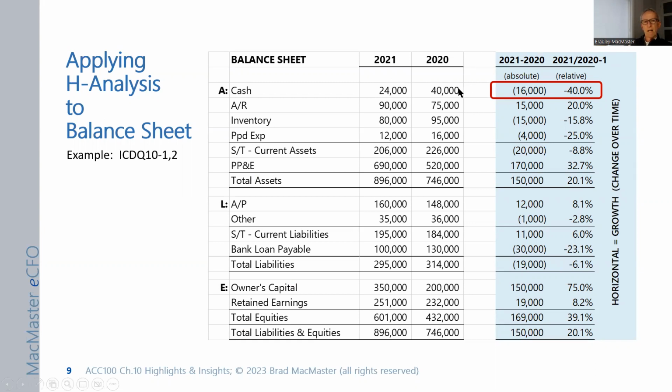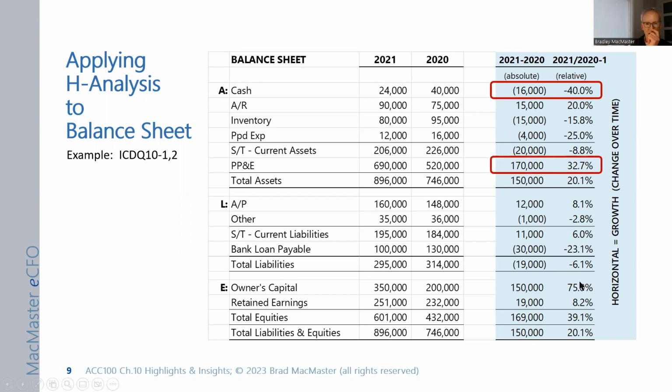This is our cash balance now, and the reason I'm highlighting this number is because cash is a very important asset to be managed, and we've had a $16,000 decline, which was 40%. So if you cast your eyes down this column and look at the relative size of numbers, 16 is kind of a moderate size number, but the percentage is huge and the asset is important. So that's why I've highlighted this. I always want to be focusing on cash.